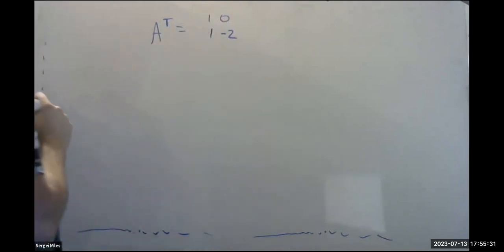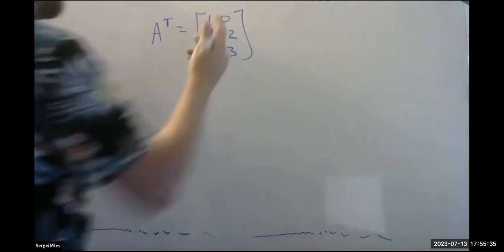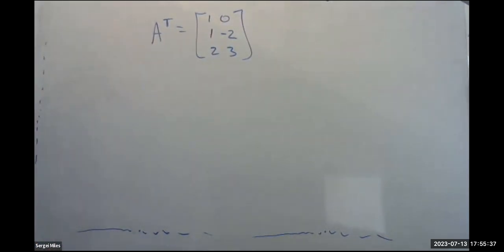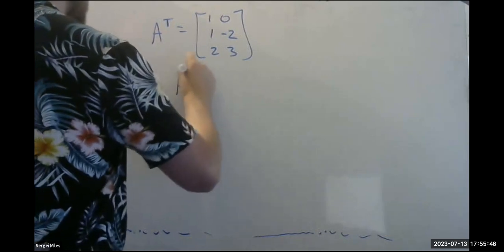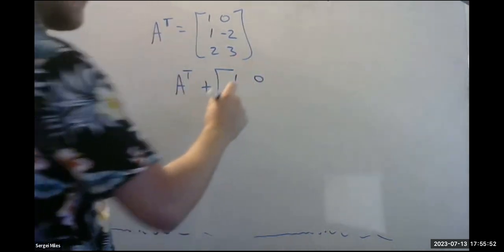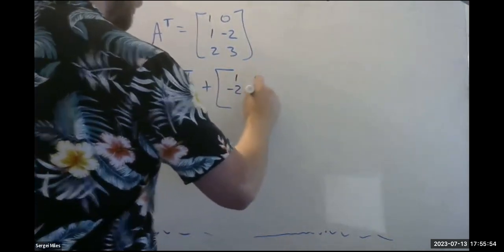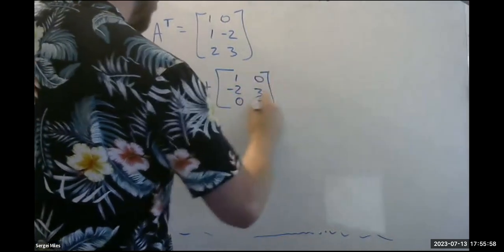And column 3 becomes a row, right? Notice this is also the same thing as saying, let row 1 become a column. Let row 2 become a column, right? Same thing. Now, I want to take this matrix and I want to add B to it. What's B? 1, 0, -2, 3, 0, 5. Great.